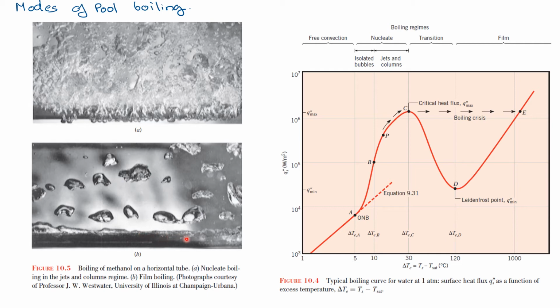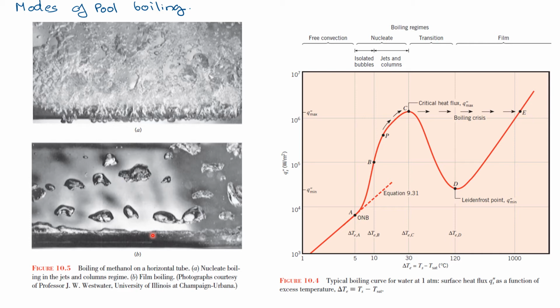What this film of vapor will do is blanket the surface and cut the contact between the surface and the water. So the film of vapor that's created will be a blanket of water vapor between the liquid and the surface.